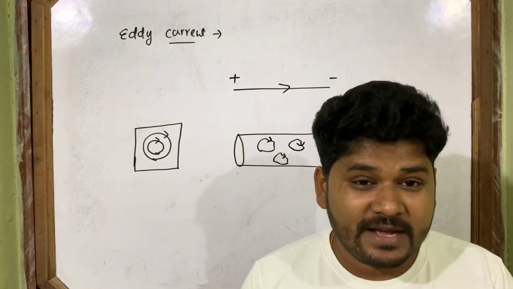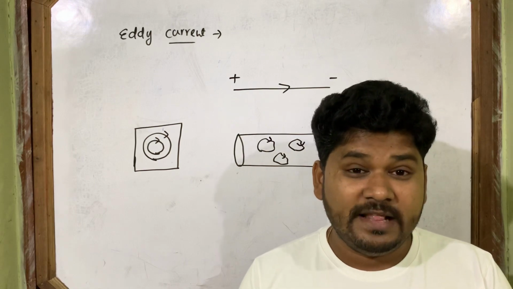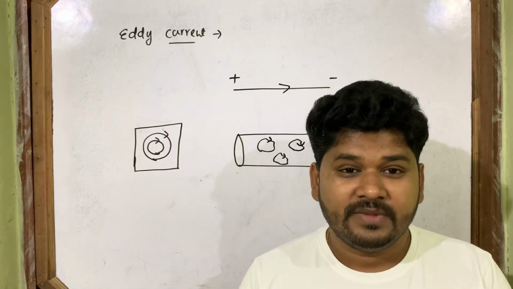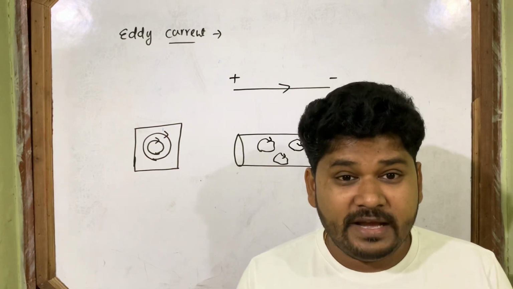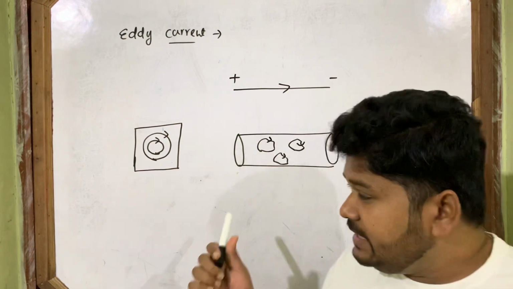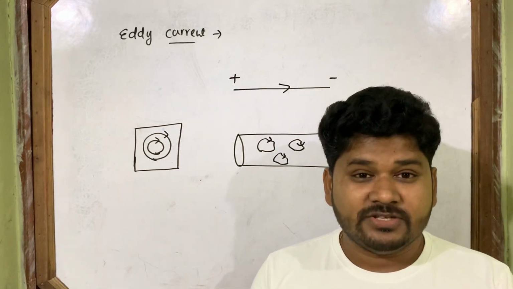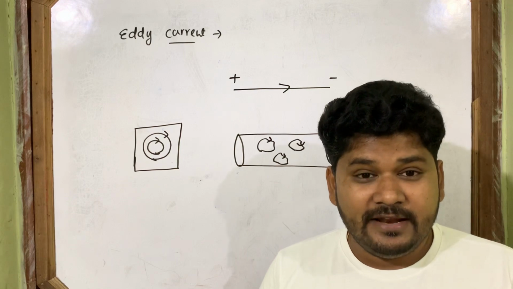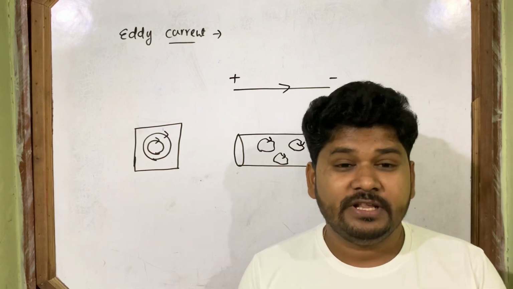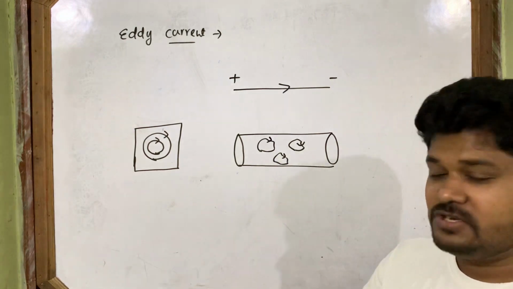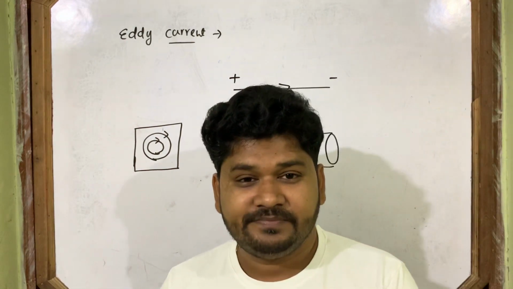But when does this happen? In which situation? If the magnetic flux linked with this conductor changes, then a current is constituted in the body of the conductor. That current is called eddy current.